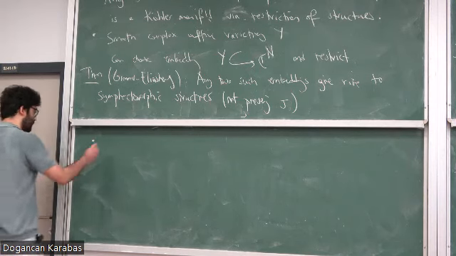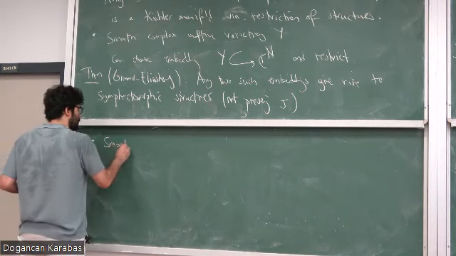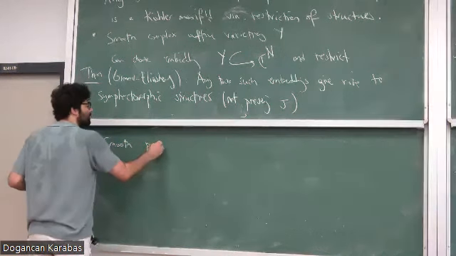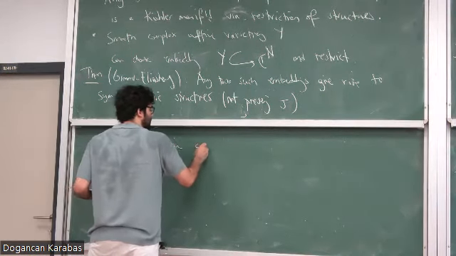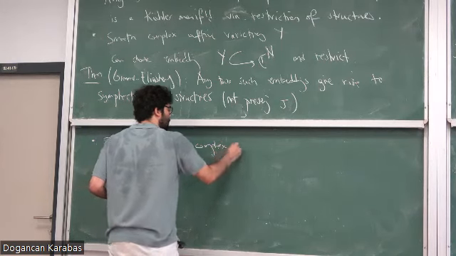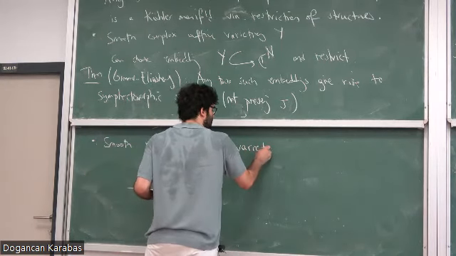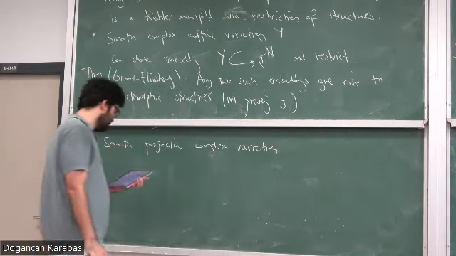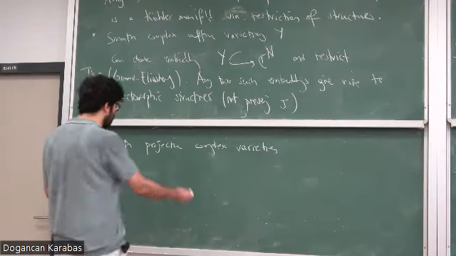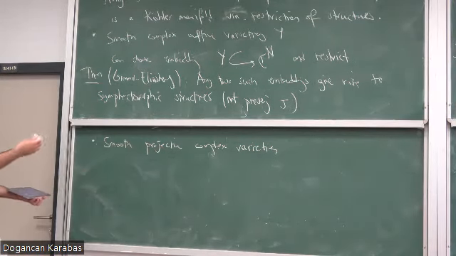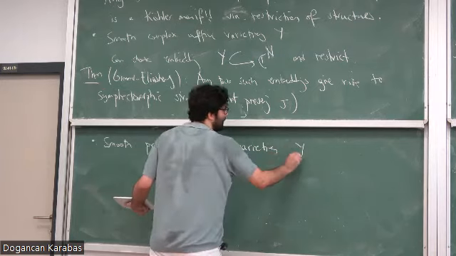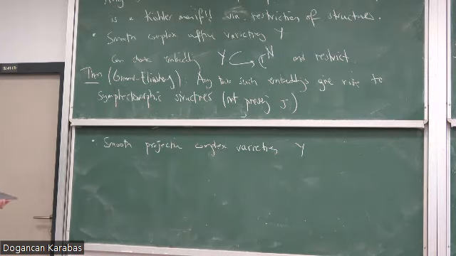So the second thing is smooth projective complex varieties. Okay. So again, projective means that a variety that you have can be embedded into projective space. That's what it means. But again, there can be many different embeddings.